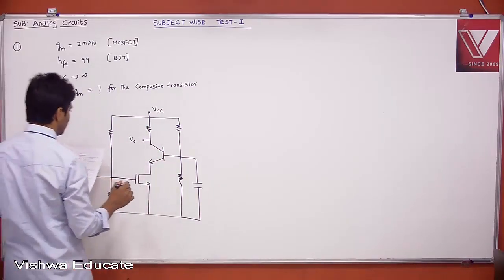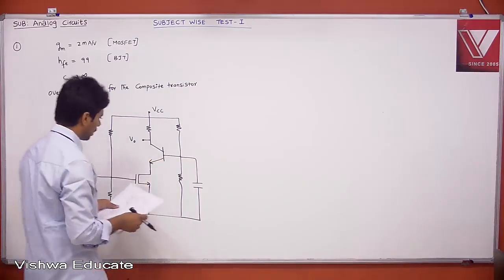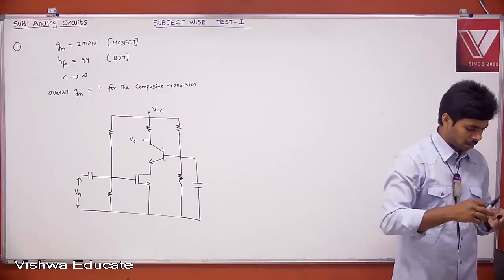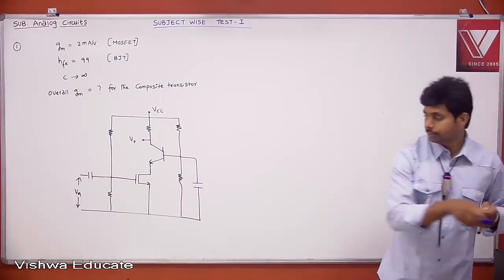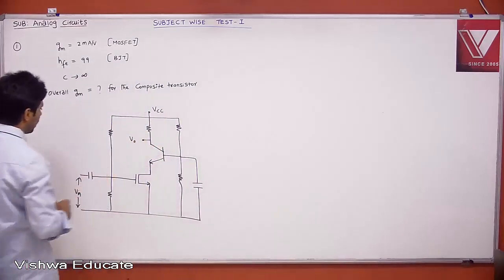Okay, this is what is given, and this is our BJT, and this is the MOSFET. Now, therefore, this is our composite transistor, right?